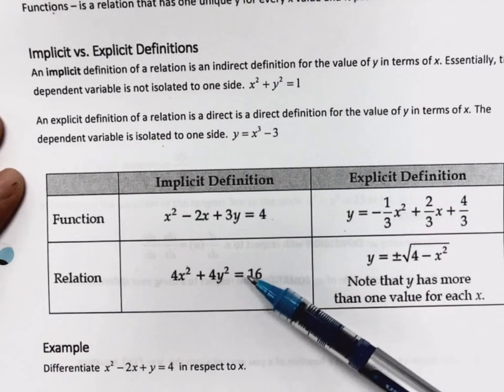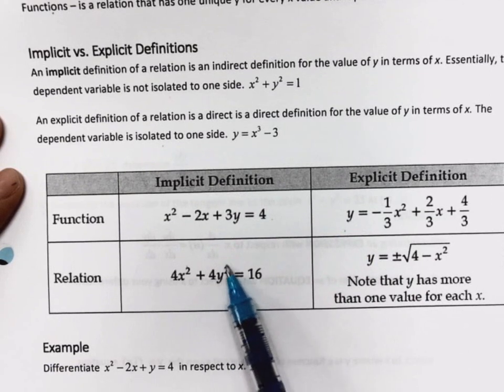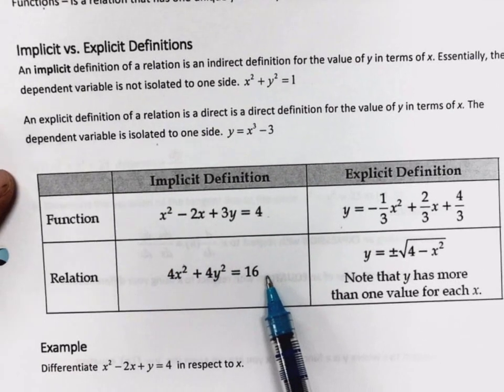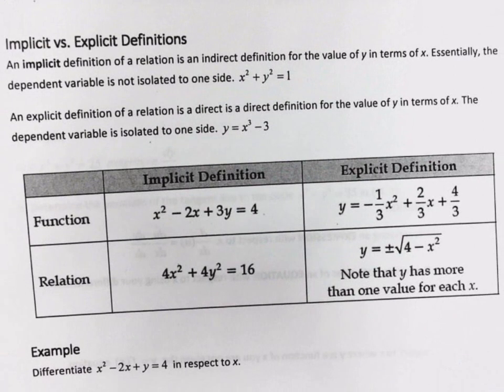This one here is implicit because the y is mixed in with the x. This is going to give us a circle. Maybe an ellipse. You know what a circle is? You know what a hyperbola is? Are they the same thing?